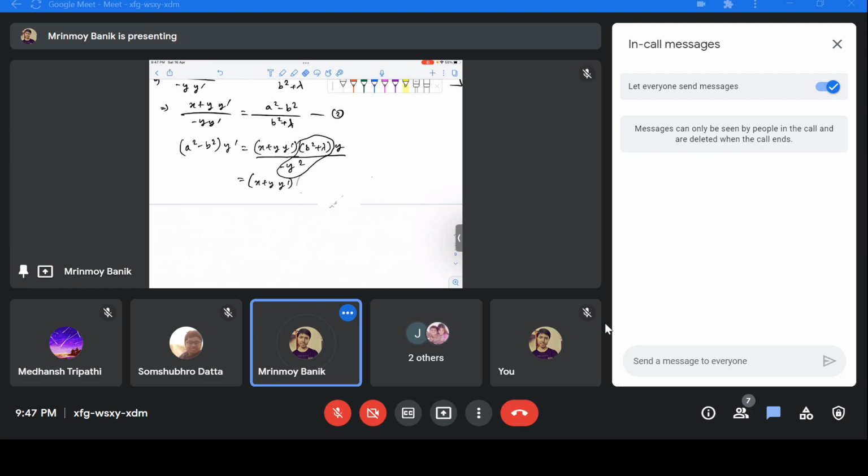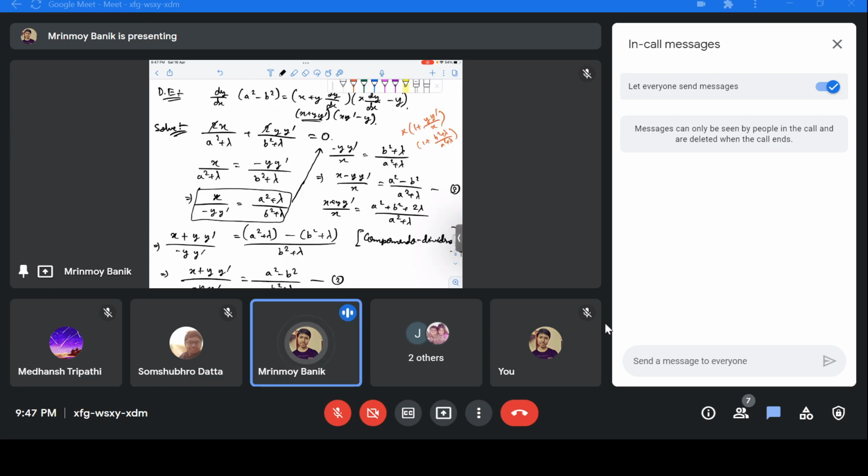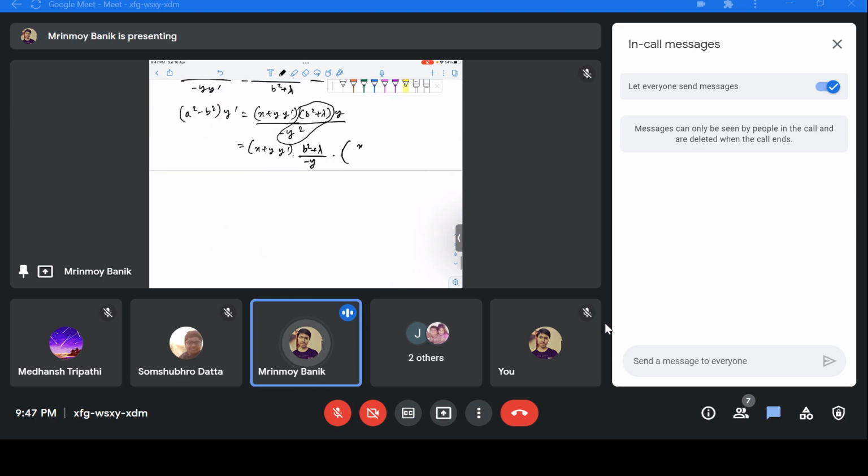Okay. So b squared plus lambda by minus y. We multiply it by 1, and 1 is like x squared by a squared plus lambda plus y squared by b squared plus lambda.